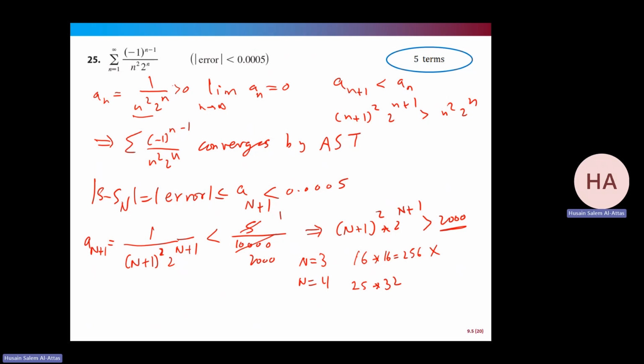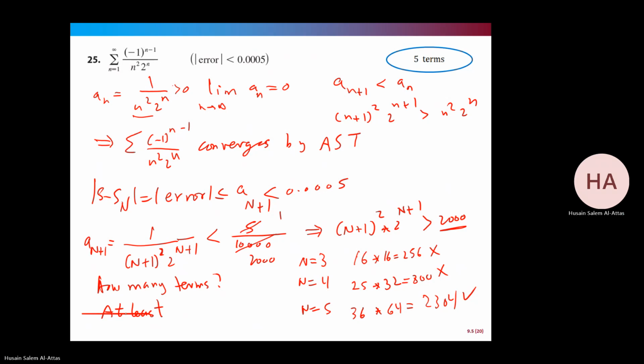We do the calculation, you get 800. Still not. Capital N equal 5, you have 36 times 2 to the power 6, which is 64. If we do the calculation, that is 2,304. So this is correct. So how many terms do we need? At least 5 terms. I think it's very clear.